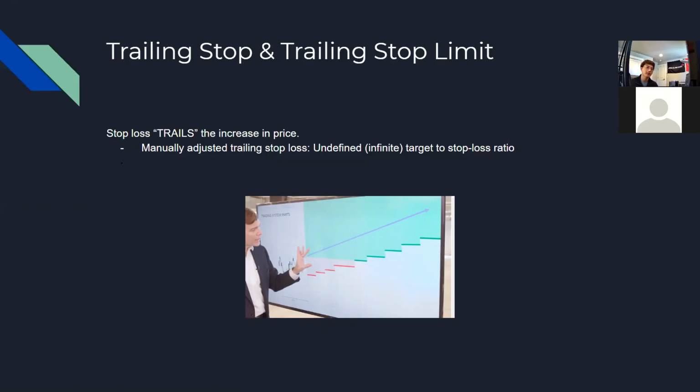So in this case, there is an undefined or infinite target to stop loss ratio. So this means basically that you can have zero risk and infinite reward because you're going to be having profits that keep going up, and you're not ever going to sell because the trailing stop loss basically follows, and you're just going to continue making profits above the initial buy prices that you had.